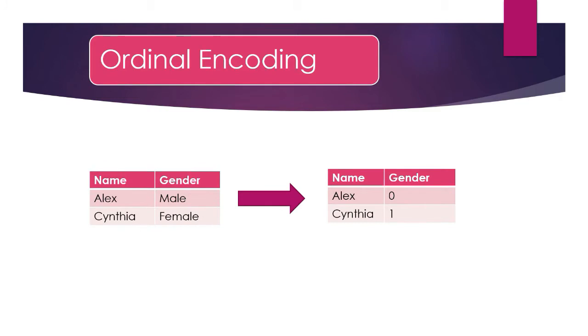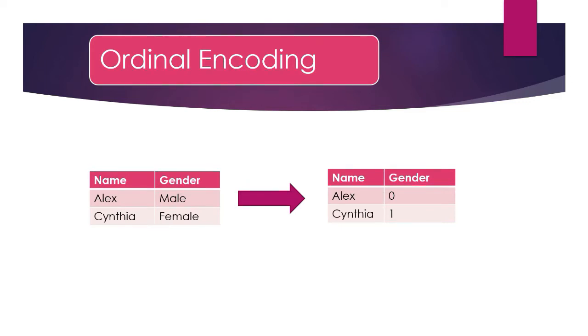First let us discuss what is ordinal encoding. You can see on your screen that we have a very simple, tiny data set, just for the purpose of demonstration. Let us say we have a table which has name and gender. I have kept it small deliberately to keep it simple. We have two users, let us say Alex and Cynthia. Alex is male and Cynthia is female.